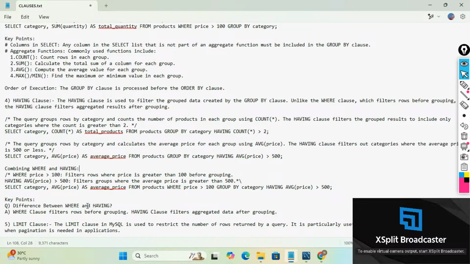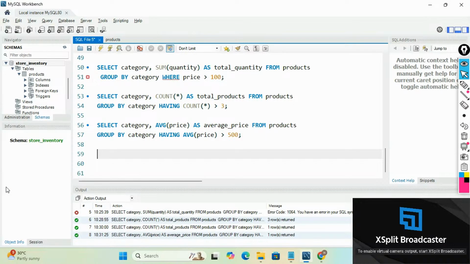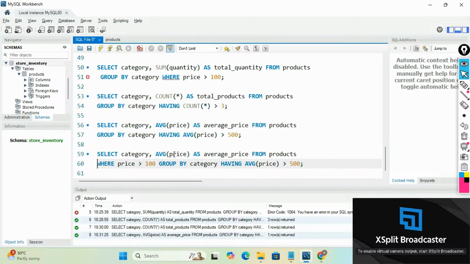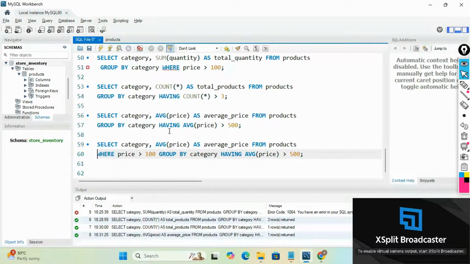Next, we also have an example. Probably this will give us a good amount of understanding. So what is the difference between the previous one and this one? In the previous one, we just had two clauses, group by and having, but the current one has three clauses: where clause, group by clause, having clause.